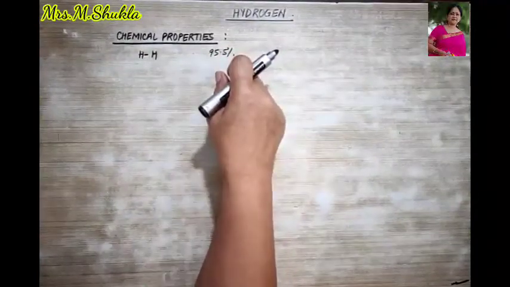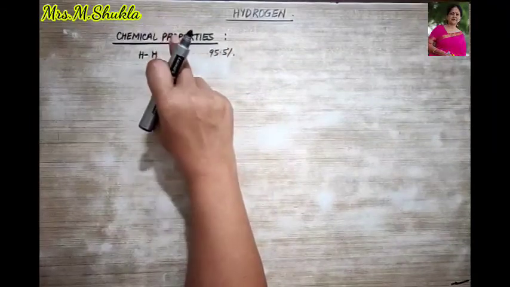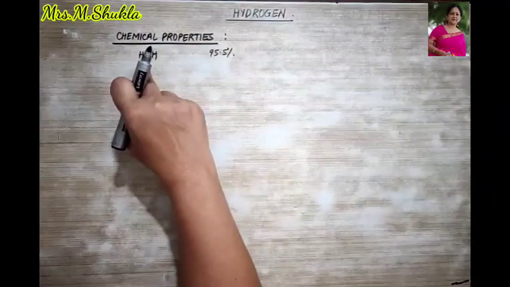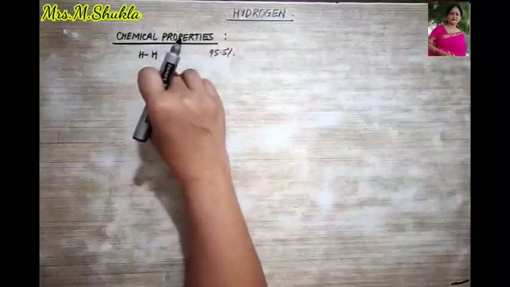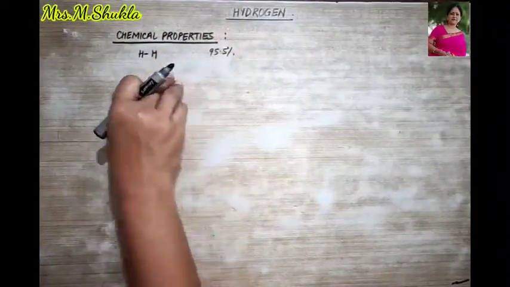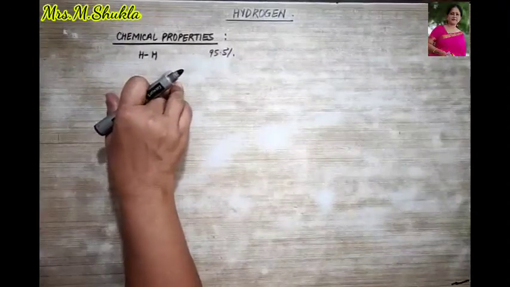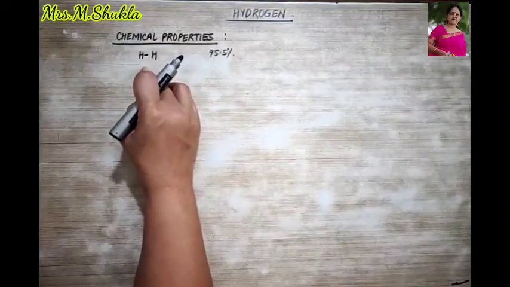So it is relatively inert at room temperature due to its high hydrogen-hydrogen bond enthalpy. Keeping this point in mind, we are going to study some chemical reactions where hydrogen is involved.